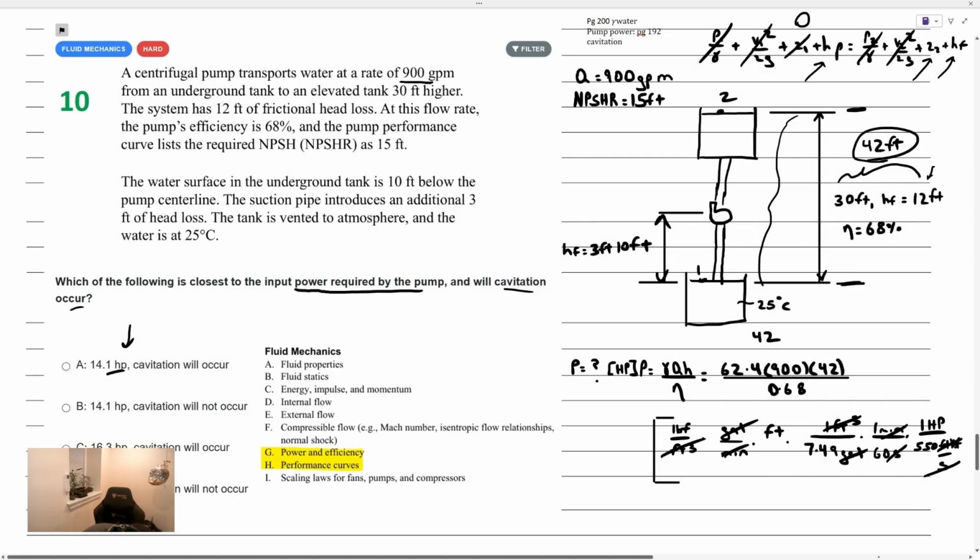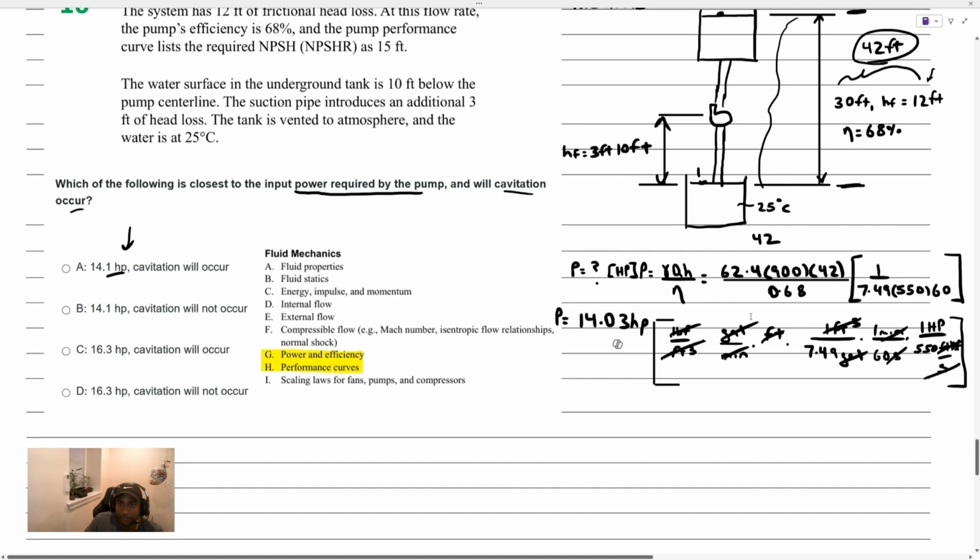We can cancel out the foot-pound force here, and we're left with this final unit of horsepower. The overall conversion is 1 over 7.49 times 550 times 60. What we end up getting is that the pump power is approximately 14.03 horsepower. So that is pretty close to, I know that it is at least options A or B.